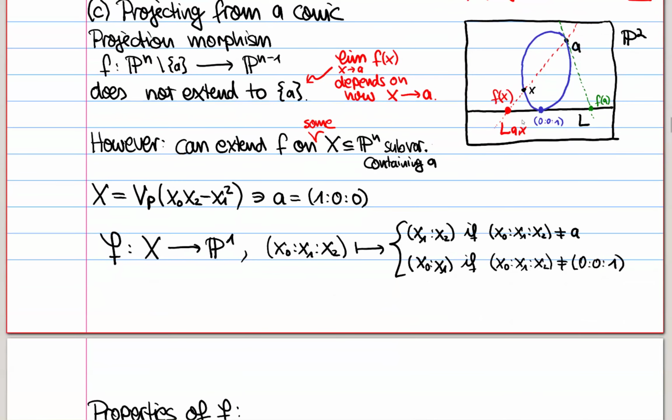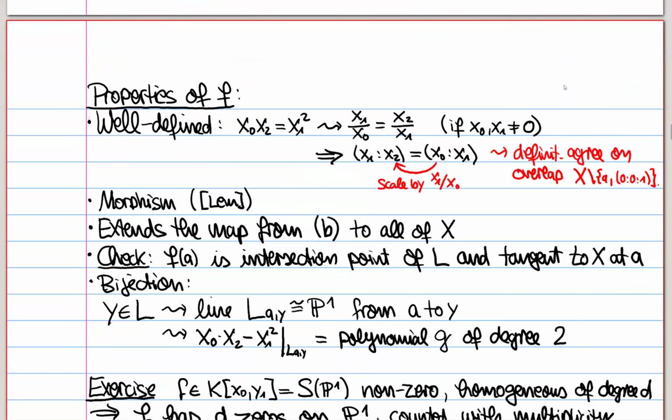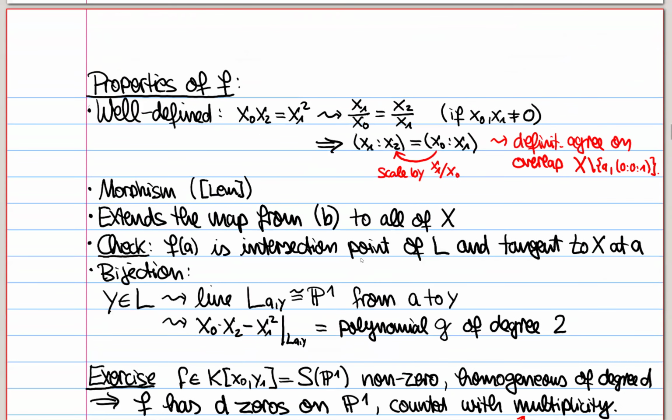So I don't want to make this too precise. Certainly in this picture, you can guess what it means to be a tangent at this point. And so you can check that f of A is indeed the intersection point of L and this tangent to X at the point A.